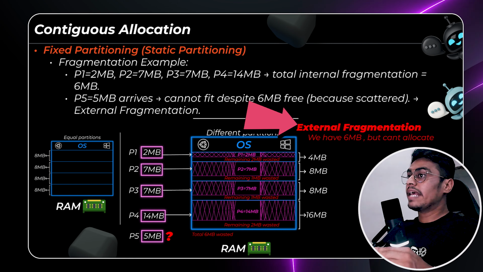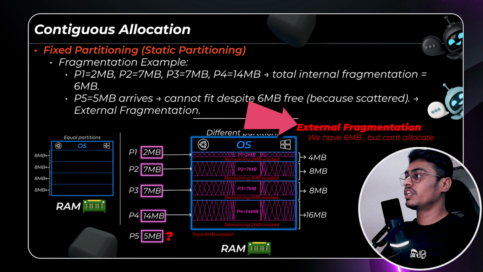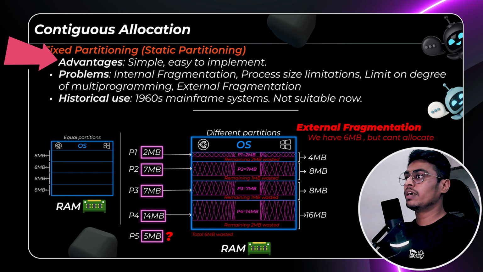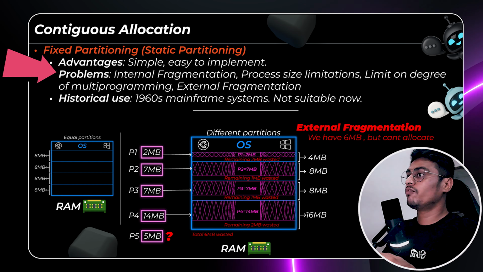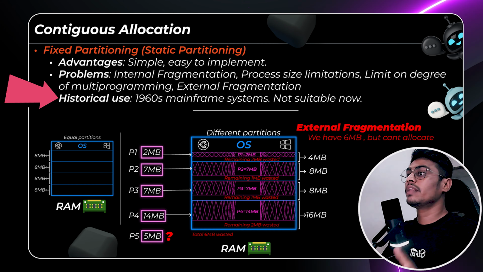This is external fragmentation: having sufficient total memory but being unable to use it due to contiguous allocation constraints. Fixed partitioning has one advantage: it's easy to implement since partitions are predetermined. It suffers from 4 major problems: internal fragmentation, process size limitation, degree of multiprogramming limitation, and external fragmentation. This method was used in the 1960s.